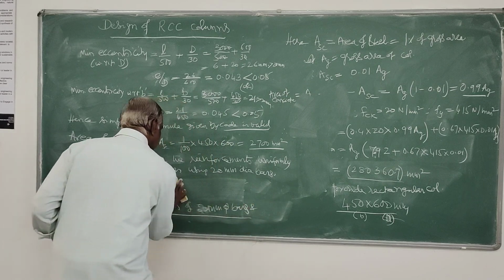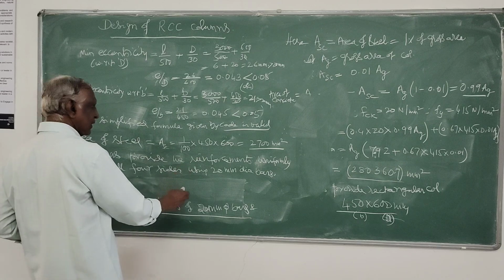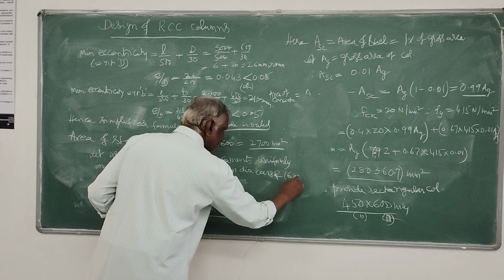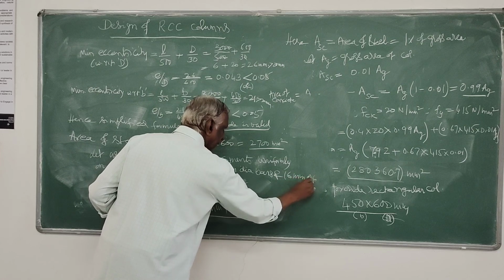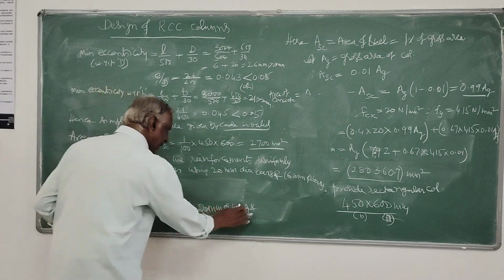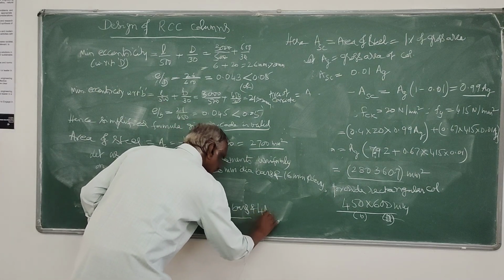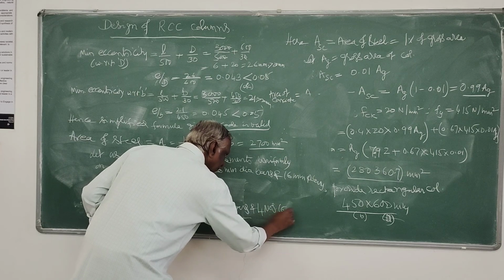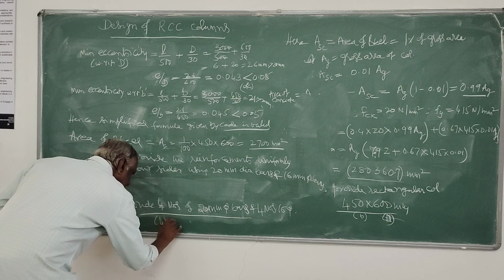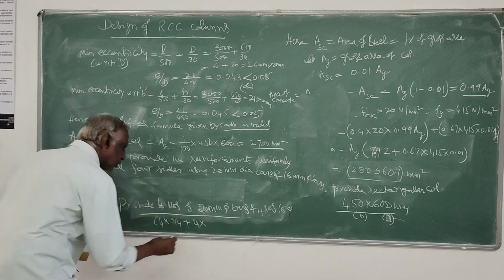That also is good. So if I use 4 numbers of 20 mm dia bars and 4 numbers of 16 mm dia bars, the area is 4 into 314 plus 4 into 201.